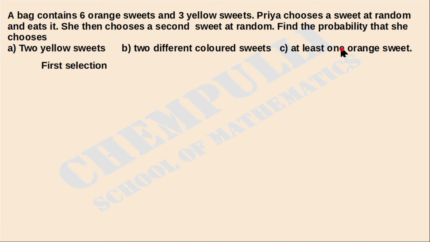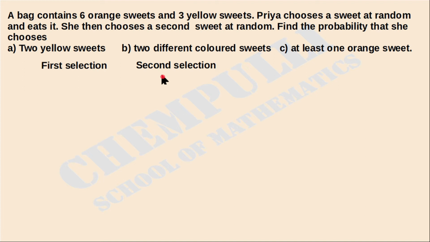Okay, first we can draw. Here total how many selections are there? 2 selections are there, because here the first selection, then the second selection. Total 2 selections are there. Then we can take first selection and second selection. In the first selection, total how many possibilities are there?